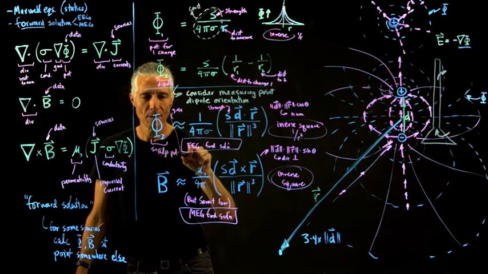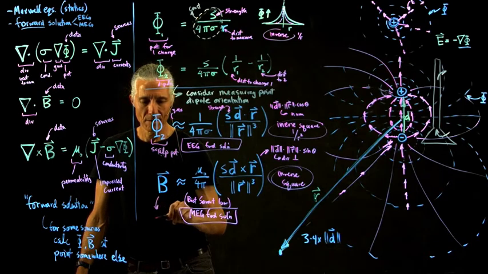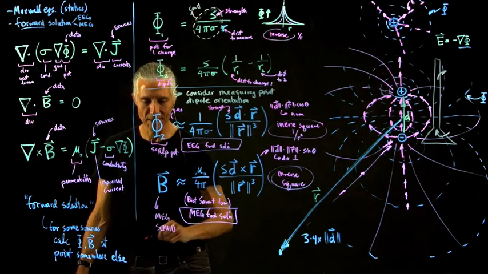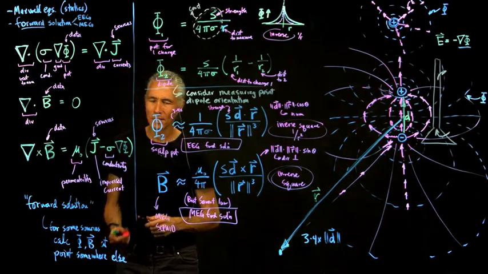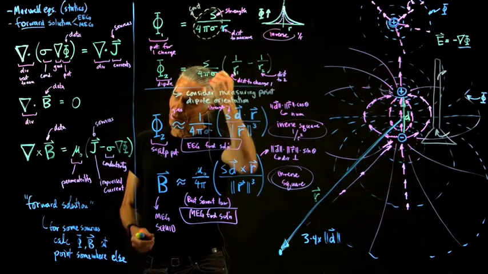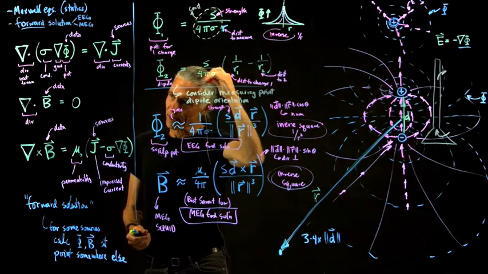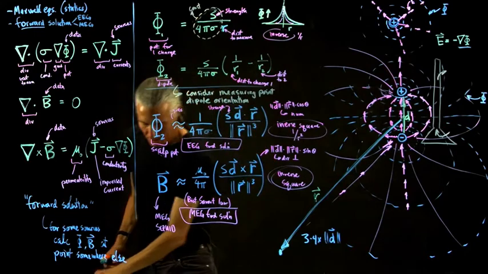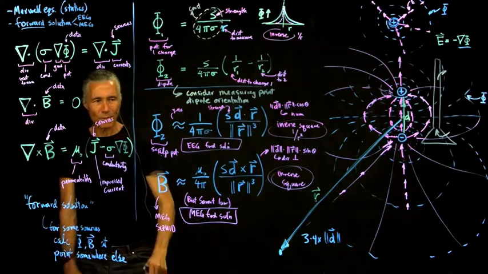And this guy is MEG SQUID. That's what they call the detectors that detect these weak magnetic fields. There are different kinds that measure perpendicular to the head or parallel to the head. Okay, so that's our forward solution.